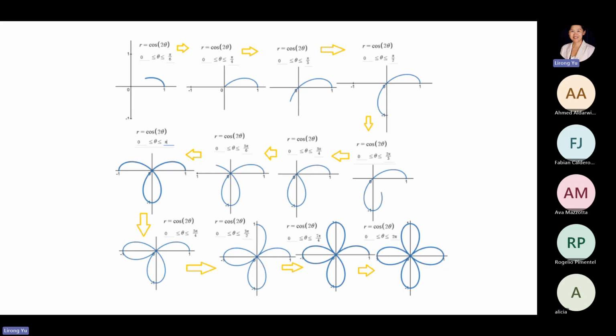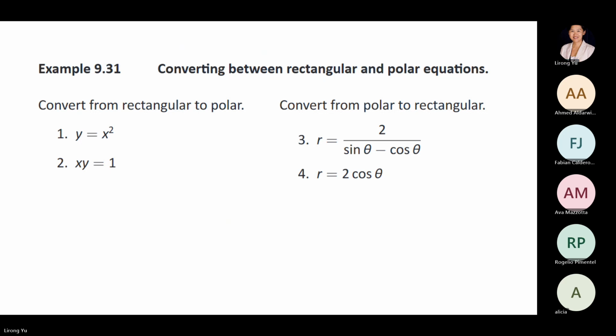But if you have an odd number, such as cosine 3 theta, you're only going to have 3 petals. So when an odd number multiplies theta in sine or cosine, we have exactly that number of petals. But when it's an even number, the number of petals is doubled. I guess that's one of the patterns we can observe.